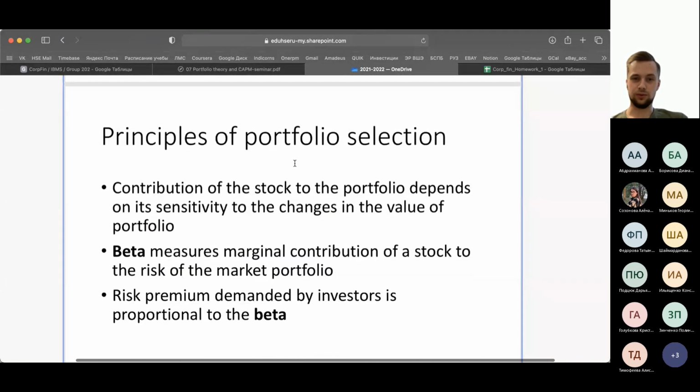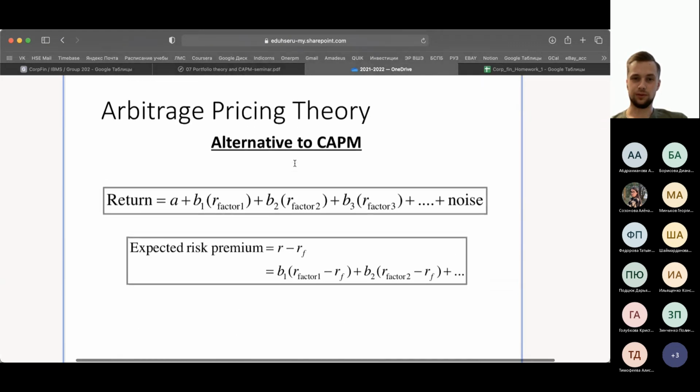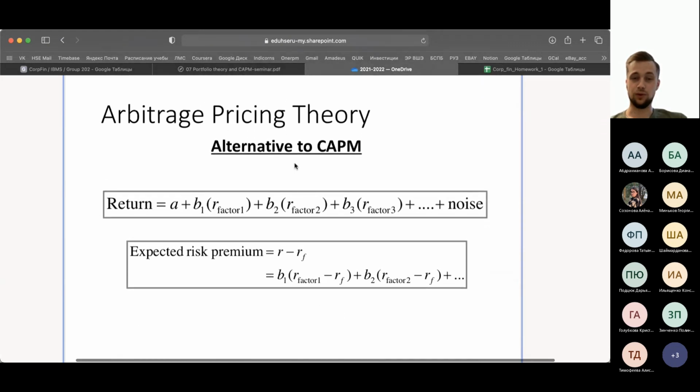And we can turn to a broader model, arbitrage pricing theory. Here we'll have the same formula, but with many factors. So the expected return of the stock is equal to the risk-free rate plus some coefficient beta and some risk premium.